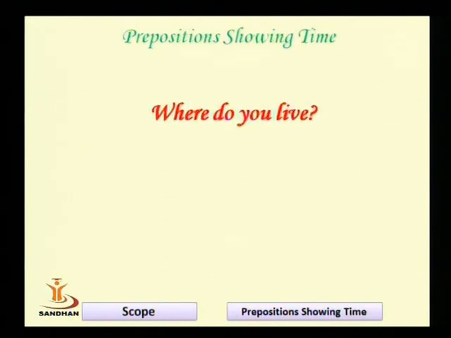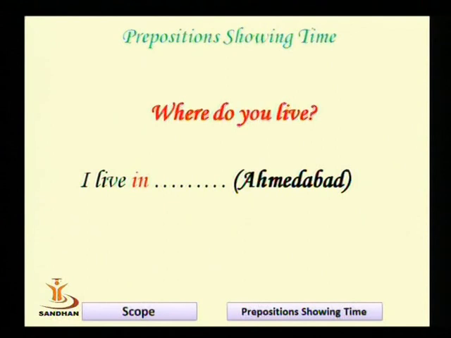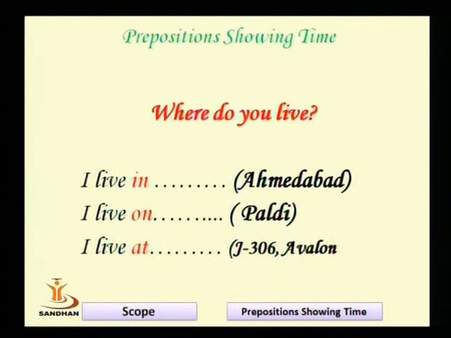If someone asks you the question, where do you live? One can answer in three ways: I live in, I live on, and I live at. All the answers are correct, but one should know how to answer. If I want to say that I live in Ahmedabad, then we use the preposition "in", and after that we can use the name of a state, city, or country.